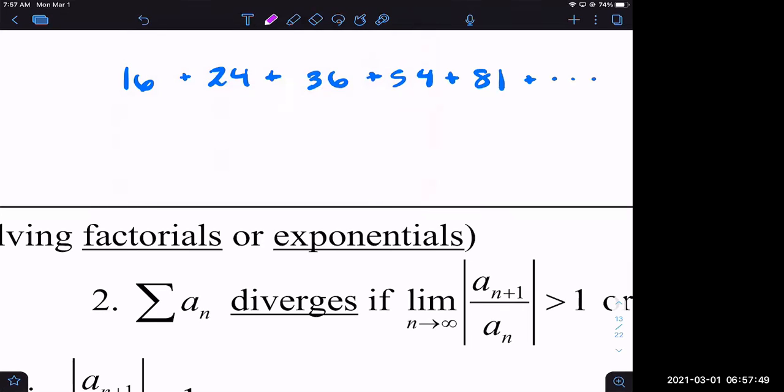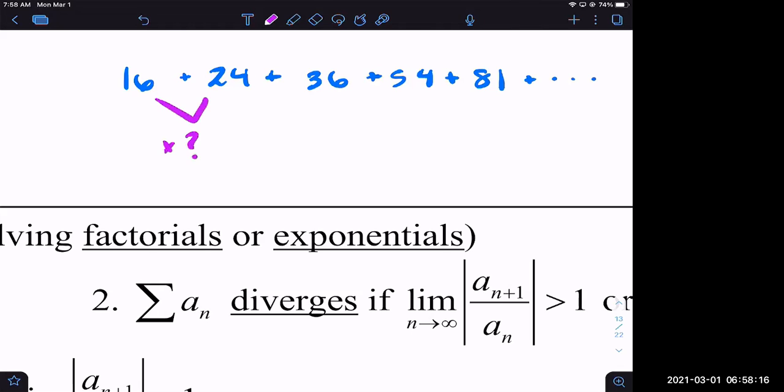I heard somebody say that they recognized it. What did you think it was? Looks like 3 halves. Okay, what made you think that it was that? Because I just looked at dividing one term by the previous term. Right, the previous. Since a common ratio is asking ourselves what did we multiply by to go that way.